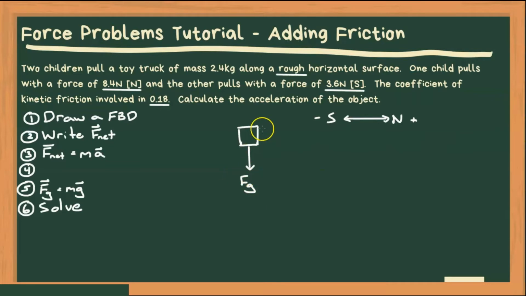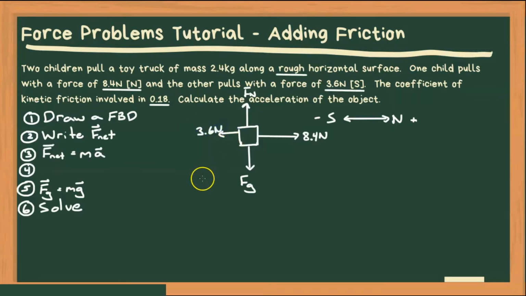Alright, so we have gravity. We're also going to have the normal force acting on it, so let's draw in the normal force. And then we have this 8.4 newtons north, so let's draw this one in here, 8.4 newtons. Then we have 3.6 newtons south.